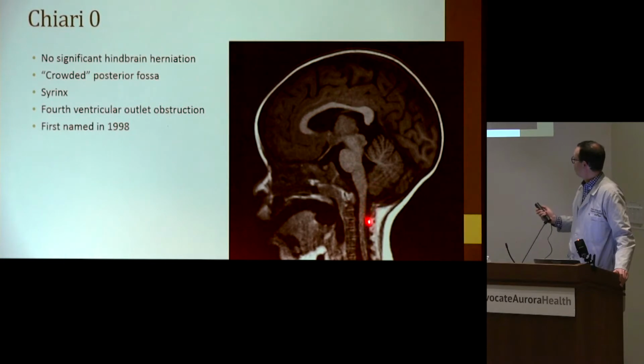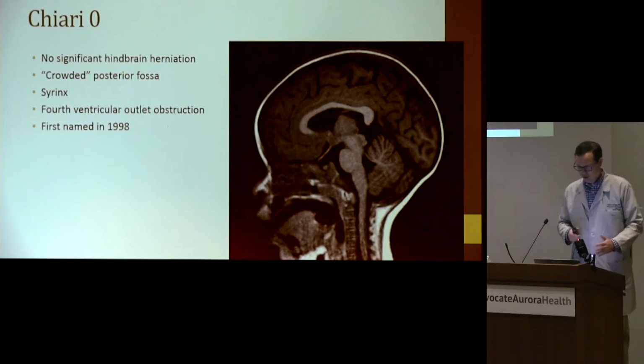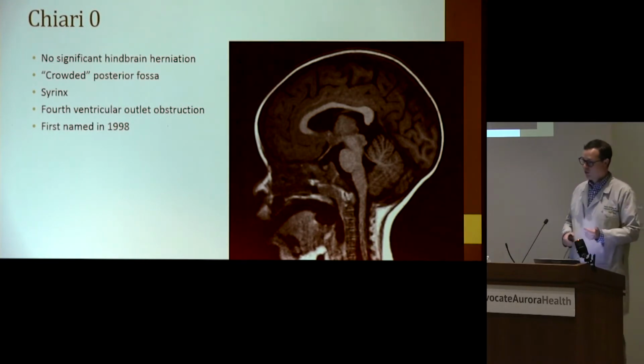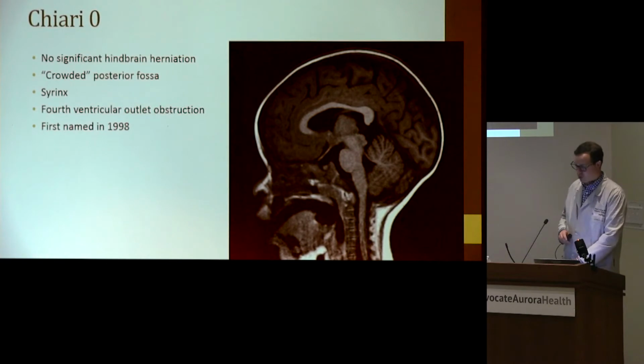CSF can't flow out of the fourth ventricle and down around the spinal cord. And for it to be called a Chiari Zero malformation, you have to have a spinal cord syrinx, which is a collection of CSF within the spinal cord, which you can just barely appreciate here. So Chiari Zero: syrinx and fourth ventricular outlet obstruction. Treatment, if you're going to treat that, is the same as a Chiari I or other type of Chiari.